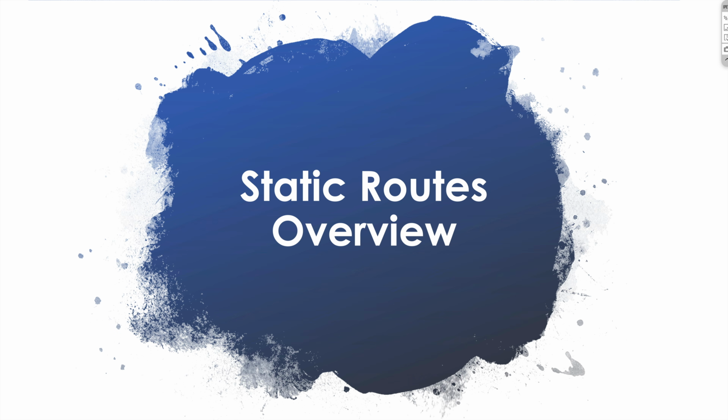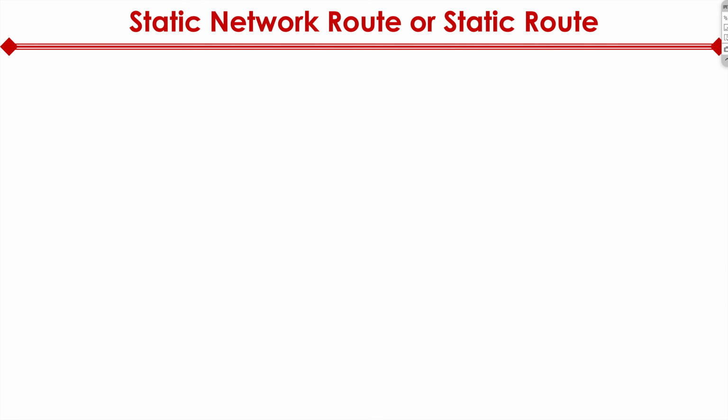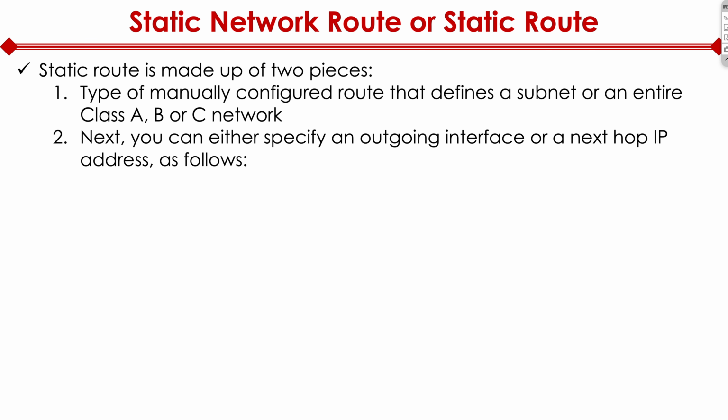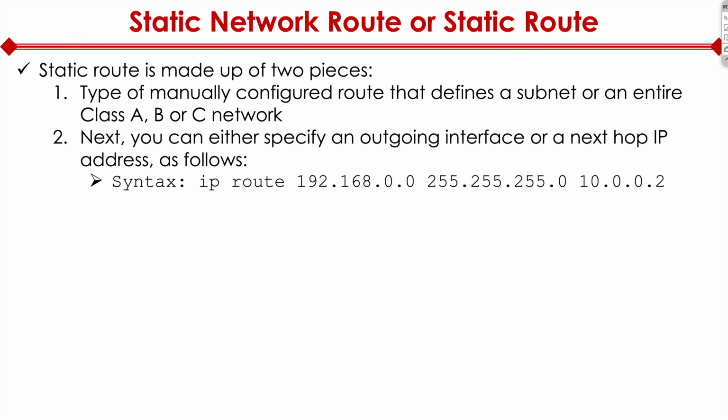Now let me give you a quick overview of static routes. A static network route, or static route, is composed of two different pieces. Piece number one, it's a manually configured route that defines a subnet or an entire class A, B, or C network. Next, you can either specify an outgoing interface or a next hop IP. So here's how the syntax looks. On the router, and we'll do this in the CLI in a moment, we type in ip route.